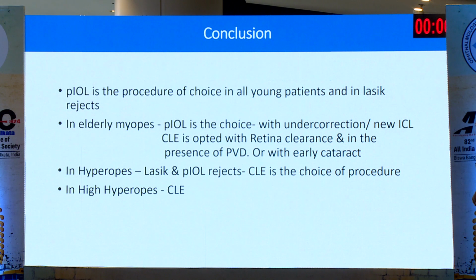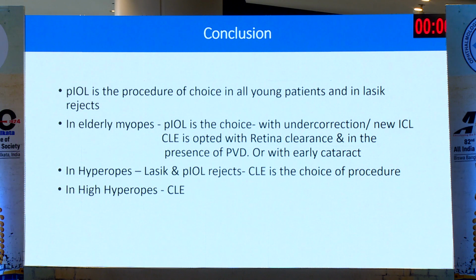And in the presence of PVD, we can go for clear lens extraction, or if there is an early cataract present, or on eye tracing, if the lens index is high, then there are lenticular aberrations causing the poor vision. Then also we should plan for refractive lens exchange or clear lens extraction.